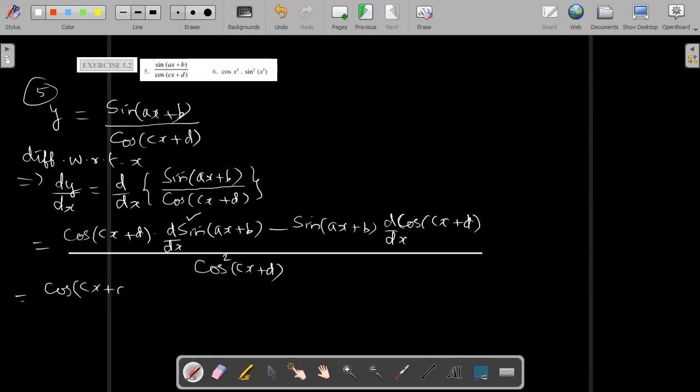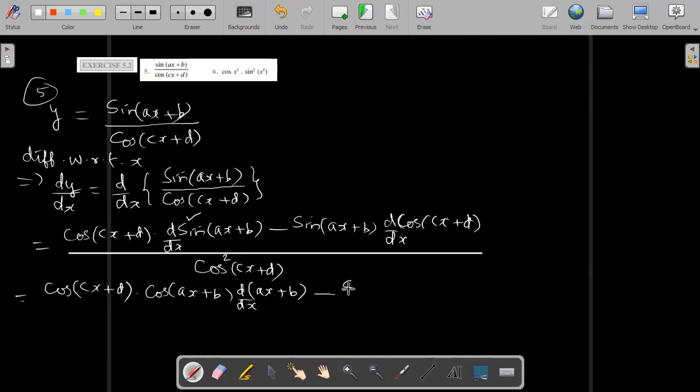The differential of sine is cos, as I told you yesterday, cos ax plus b. Then you go inside and find ax plus b, so the next step will be d by dx of ax plus b. That is the chain rule. We have done many questions yesterday.